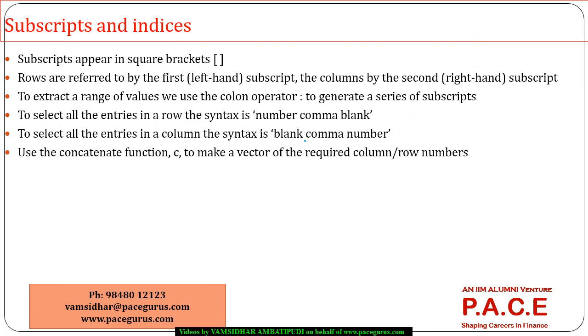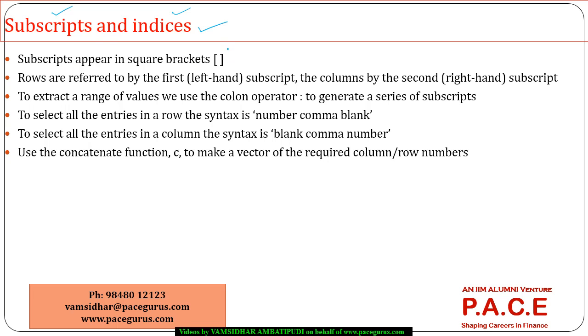Then moving on to the next aspect, where we are trying to look at the various subscripts. If I want to get a part of the data from a data frame, I am referring to subscripts and indices.